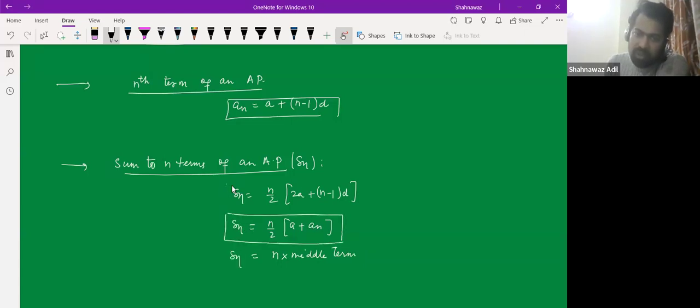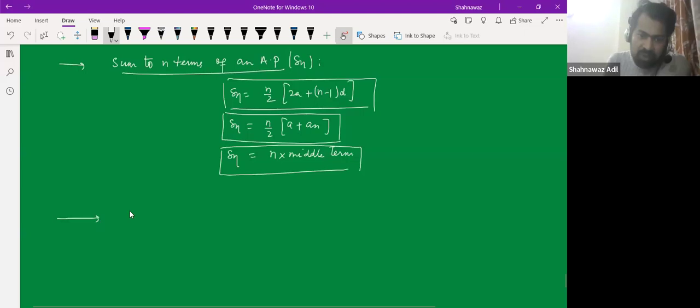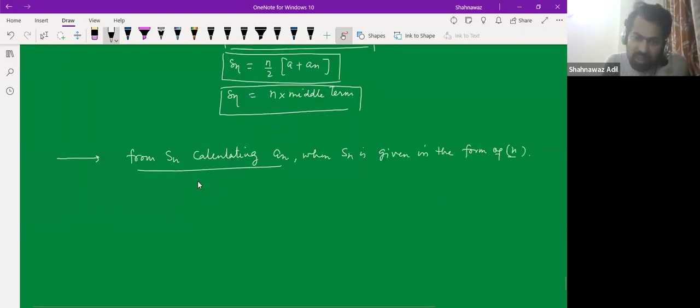There is one more important relation: calculating An from Sn, when Sn is given as a function of n. You will see the example.